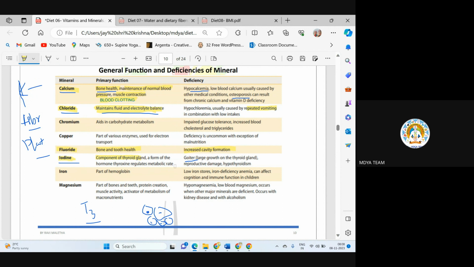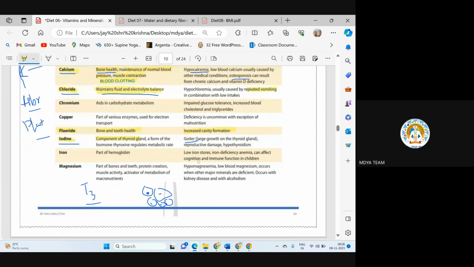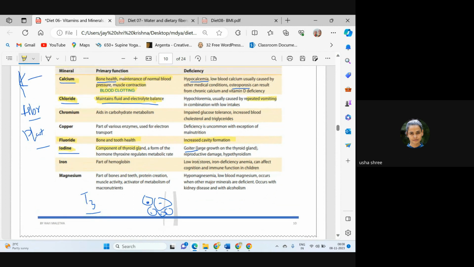Is this clear? Iodine deficiency? Sir, it leads to more growth of the tissues, sir. Like iodine is responsible for T3 production. For T3 production, iodine is needed. But when there is less iodine, T3 production will be less.